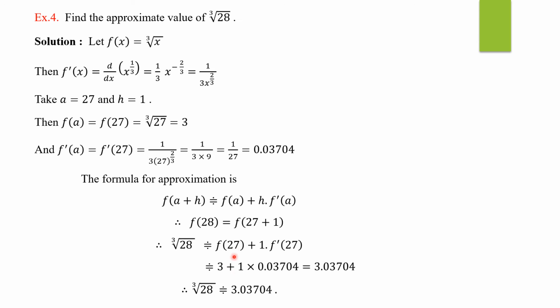Therefore, f of 27 is 3 plus 1, f dash of 27 is 0.03704 from above. Then simplifying, we get 3.03704. Hence, cube root of 28 is equal to 3.03704.